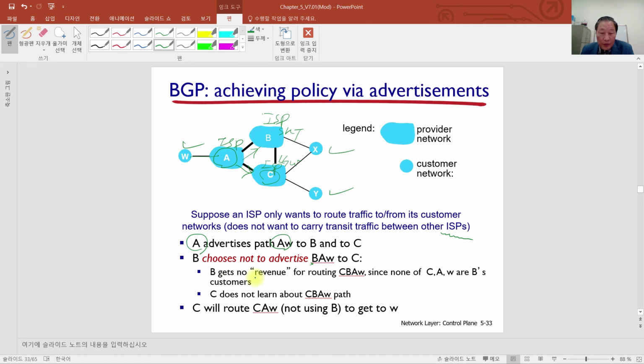B gets no revenue for routing that datagram through BAW. The internet service provider sees the datagram, but has no responsibility and no revenue from that service. Thus, that is not considered, and this reachability information will not be given to this. Instead, that information will be given to this.